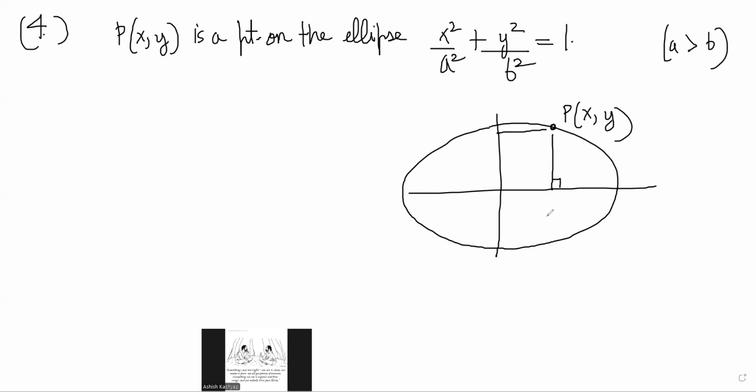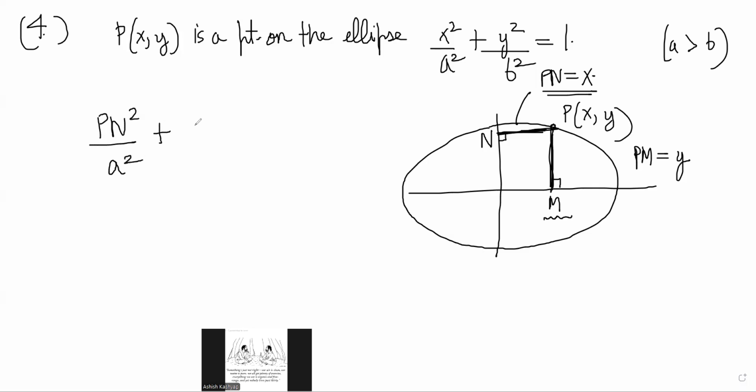Let's say the foot of the perpendicular on the major axis is M, and the foot of the perpendicular on the minor axis is N. So think about what is this length and what is this length. You will realize that the PM distance is simply y and the PN distance is equal to x. So the equation of the ellipse can be thought of as PN squared by a square plus PM squared by b square equals 1.